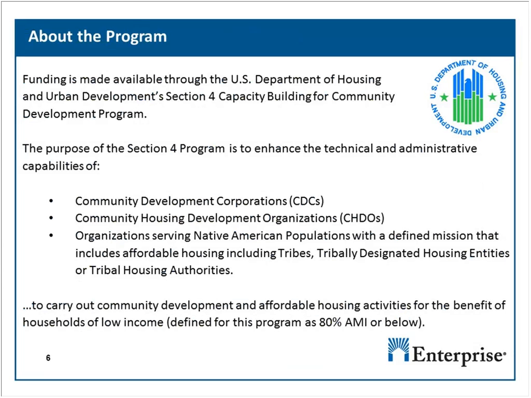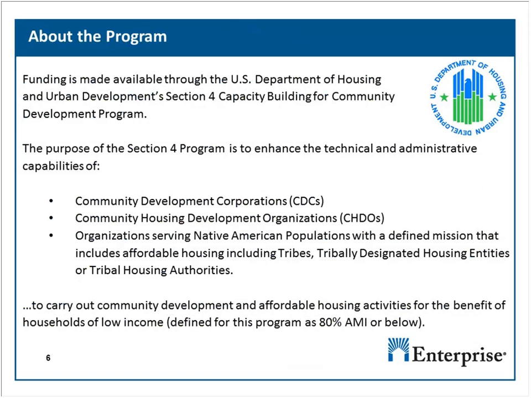So about this funding program, the funding comes from the U.S. Department of Housing and Urban Development. This is an annual allocation that Enterprise receives from HUD, along with 2 other Section 4 intermediaries, LISC and Habitat for Humanity.